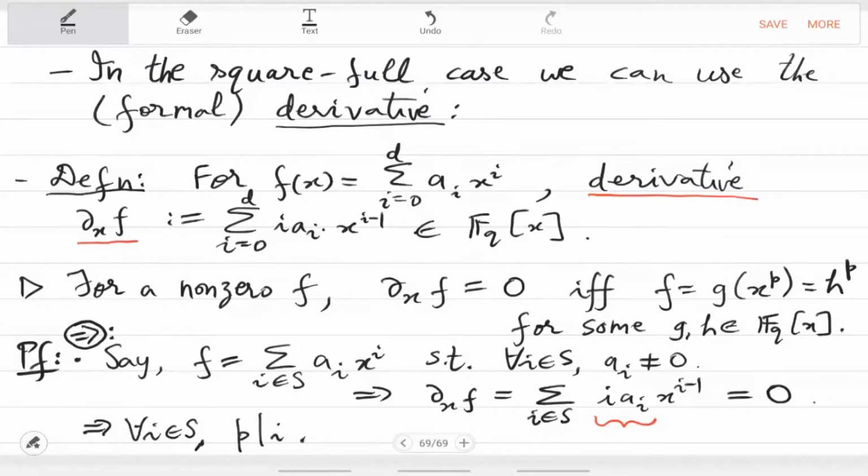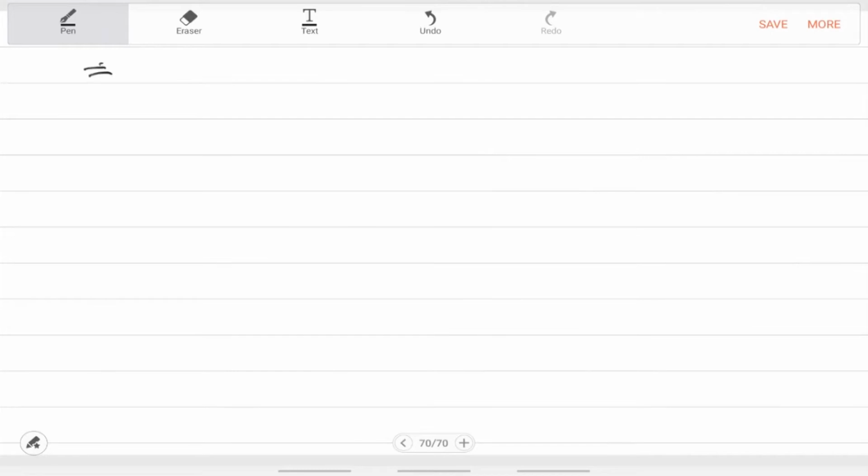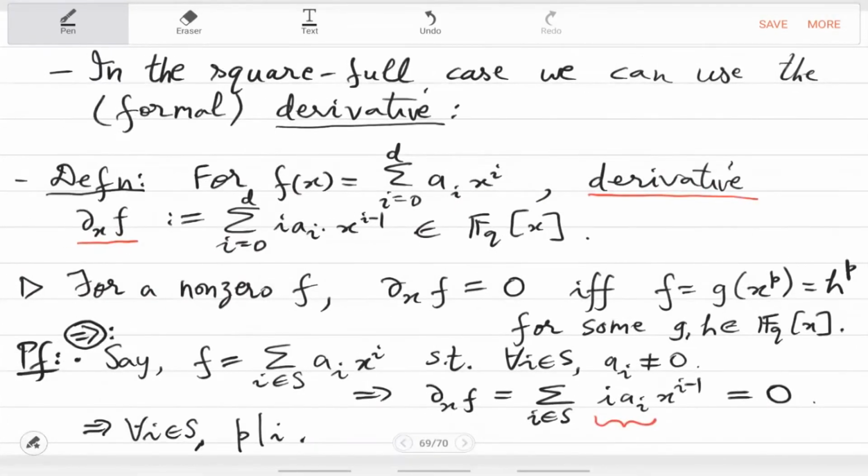Is that clear? So hence f automatically defines a g such that f is g of x to the p. Can't it happen that every a_i is divisible by p? Yeah, but we are assuming that a_i is non-zero. We are looking at the coefficients that actually appear. That is the definition of S. S is the support of f.